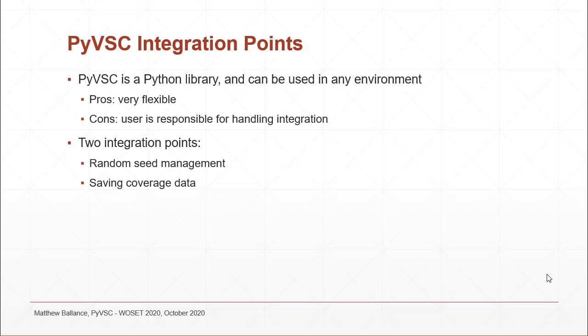Good news, though, there really are two integration points only for PyVSC. There is the random seed that controls the specific results that PyVSC supports with randomization. And then there's the process of saving coverage data. These are really the primary integration points between the library and any given environment.